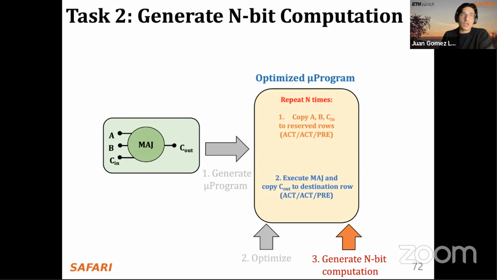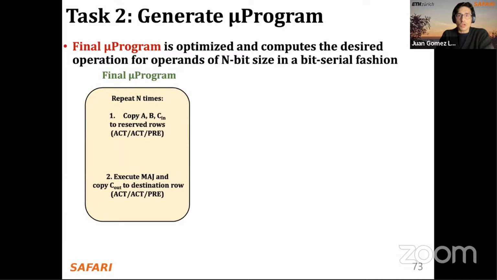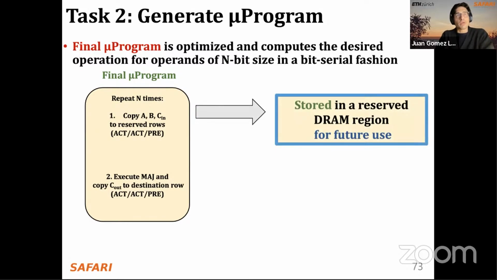If we are using 8-bit integers, we will repeat this sequence of commands 8 times. If it's 32-bit integers, we will repeat this 32 times. And this is the way that we obtain our final microprogram, that we are going to store in memory and eventually load whenever we want to execute one instruction.